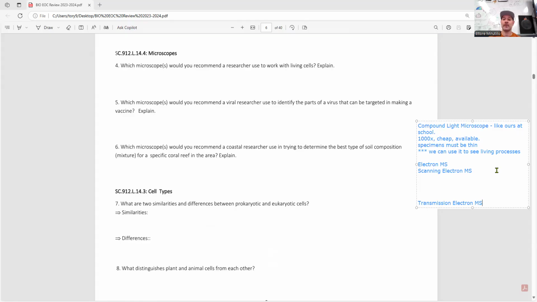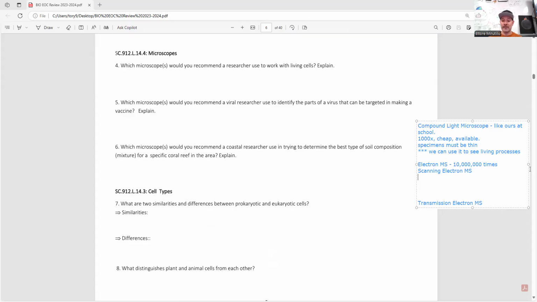So electron microscopes can actually zoom in at least 10 million times, which if we're comparing that to what we had before with 1,000 times the light microscope, is significantly more magnification.